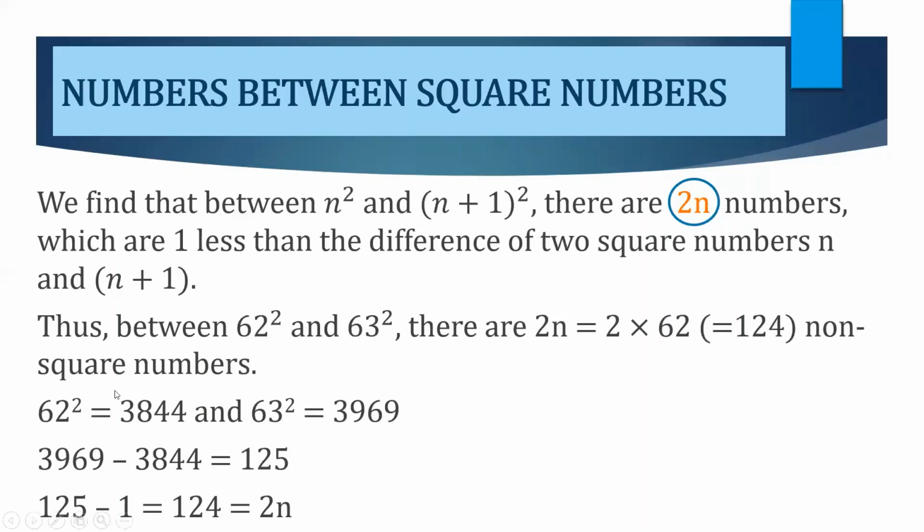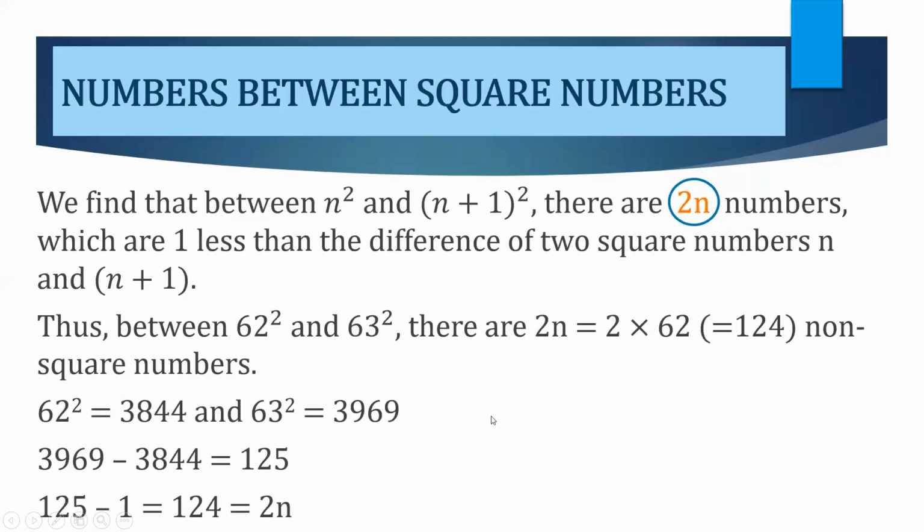Right now in this example I have 62, so I have multiplied 62 with 2, and my answer is 124. Suppose I have to find the number of non-square numbers between the square of 42 and the square of 43, then my n will be 42. So my answer will be 2 into 42, that is 84. We will also see the same in the exercise when we solve it.